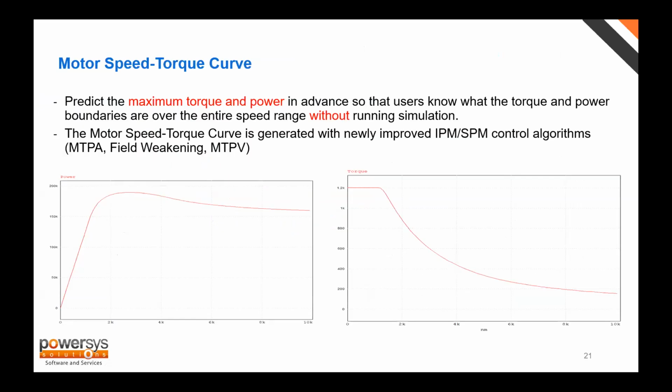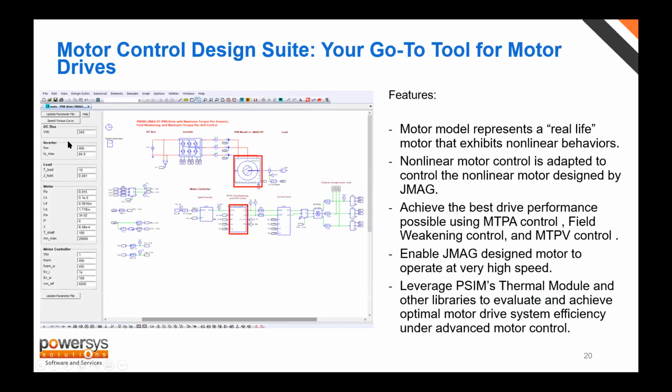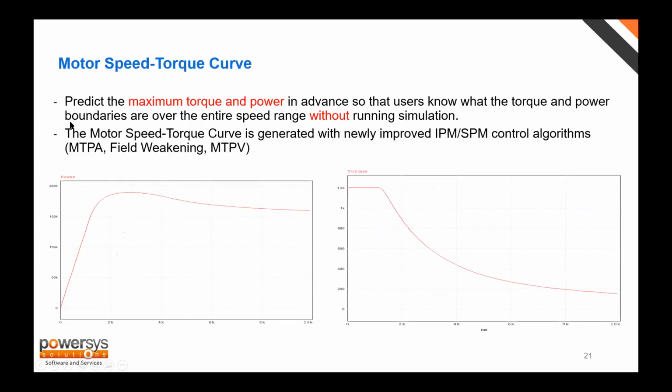So here, this is just a new capability in Psim. As you can see, we have a button, which is the speed torque curve. So this button gives a quick view, in 1 second, of your power and torque depending on the speed of your motor.